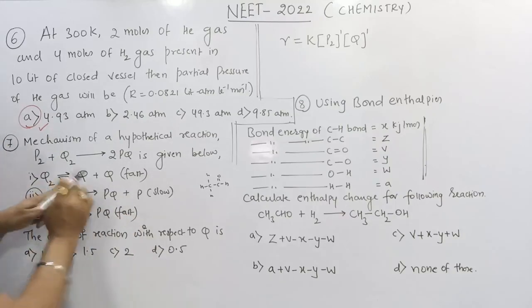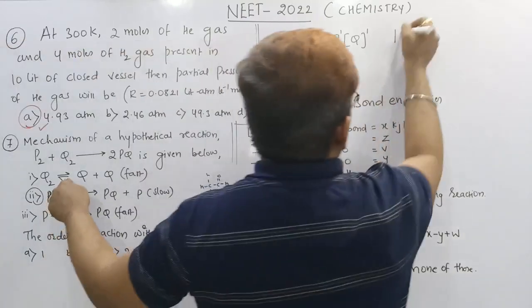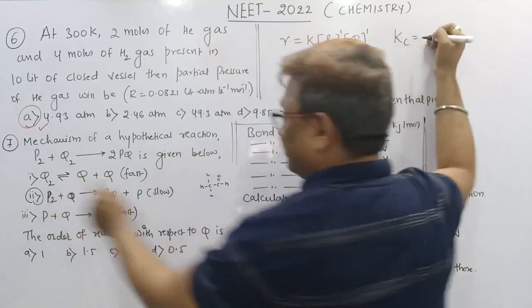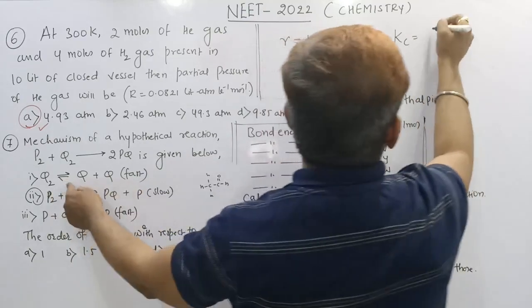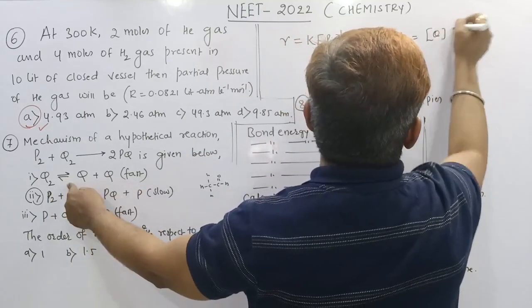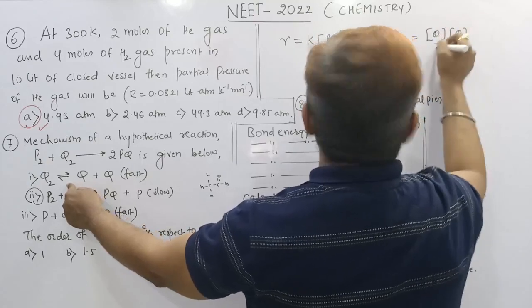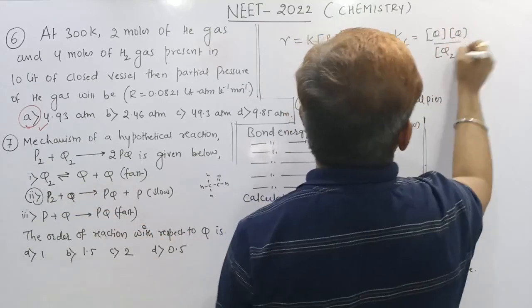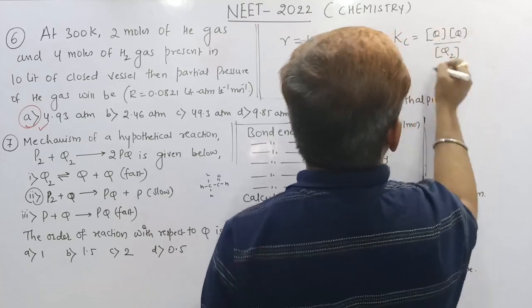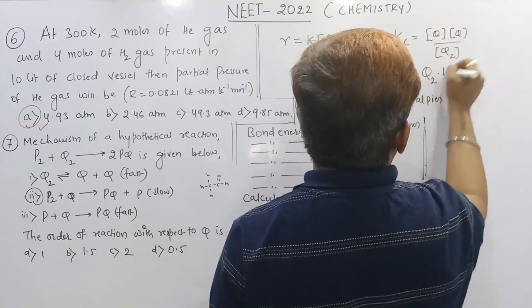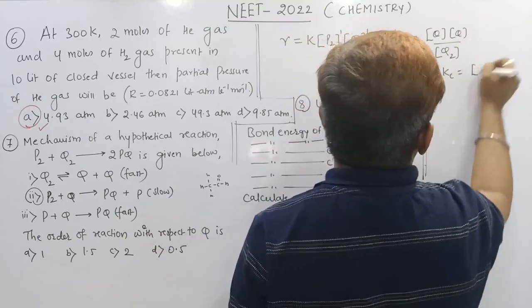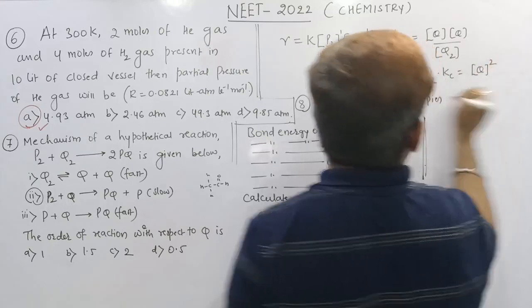So when Q is there, what to do? As it is an equilibrium, we have to write the Kc. Kc is the equilibrium constant for this equilibrium, which can be written as concentration of the product by concentration of the reactant. But a solid Q2 goes here, so I'll get Q2 into Kc is equal to concentration of Q to the power of 2.